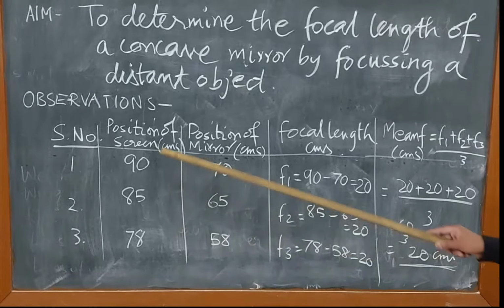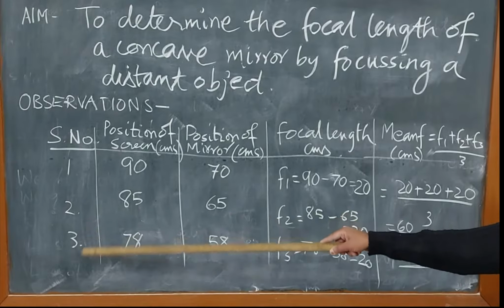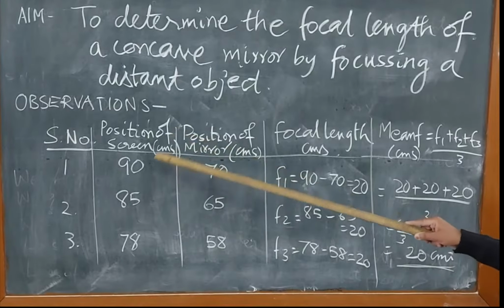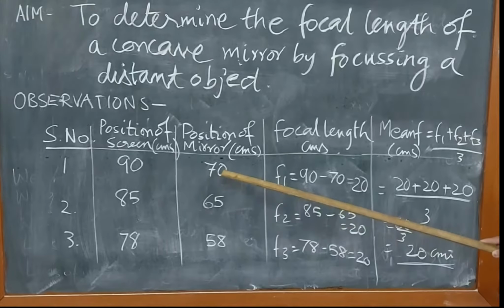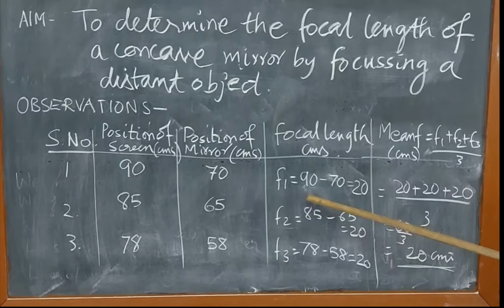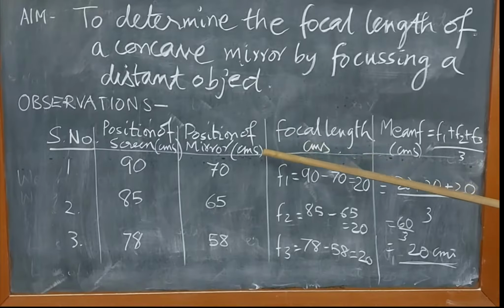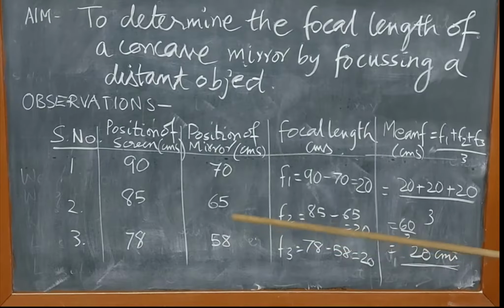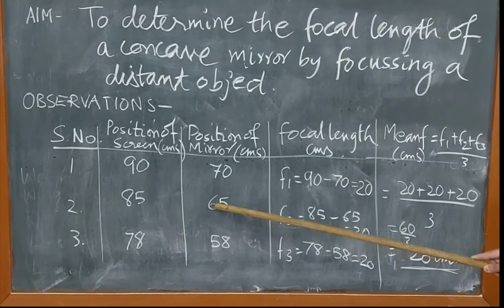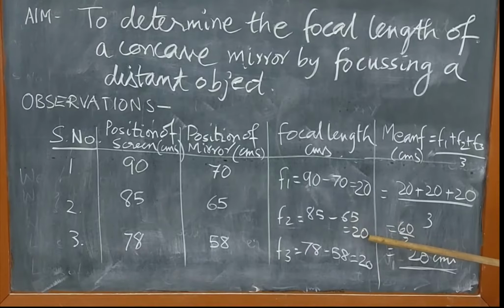Three sets of observations are ready in front of you. Position of the screen in the first case is 90, mirror 70. The first reading is 90 minus 70, that is 20 centimeters. Then 85 and 65, 85 minus 65 gave us 20.